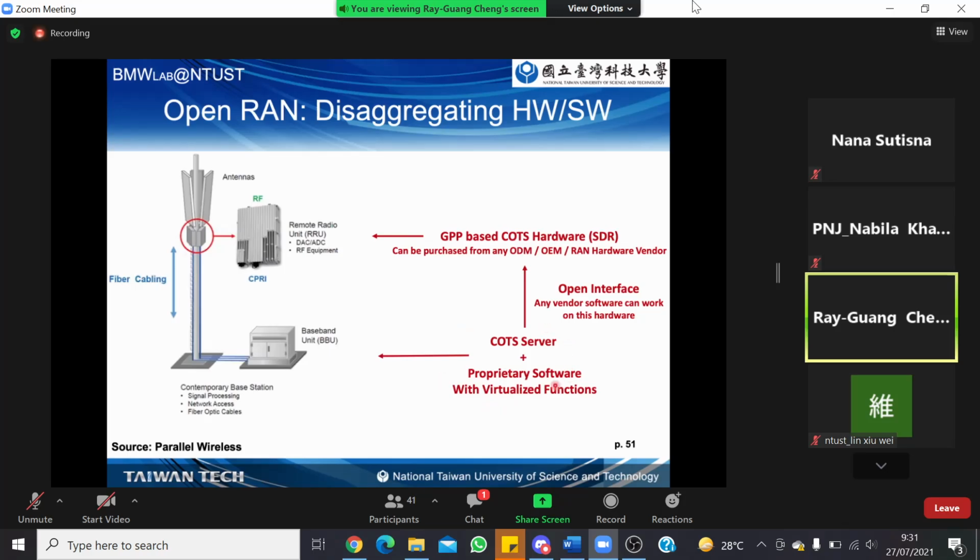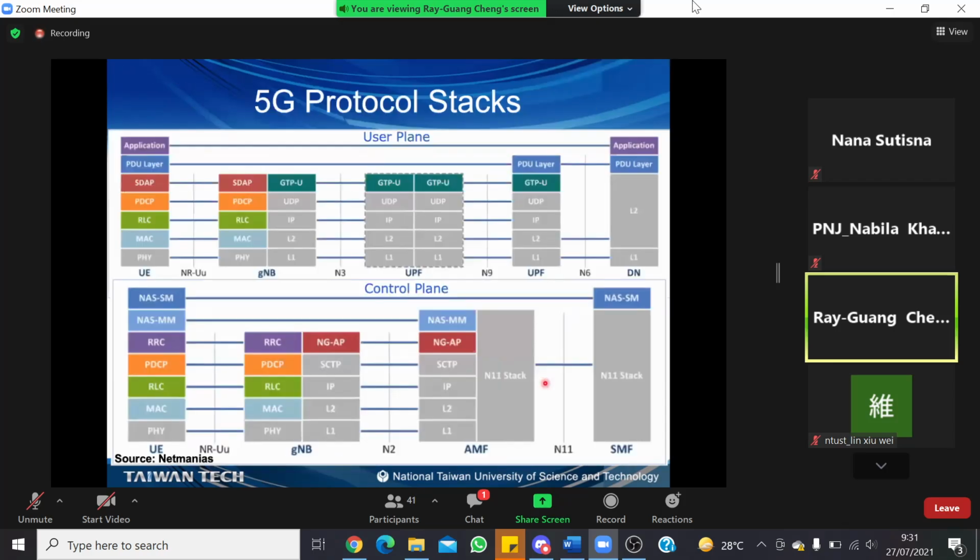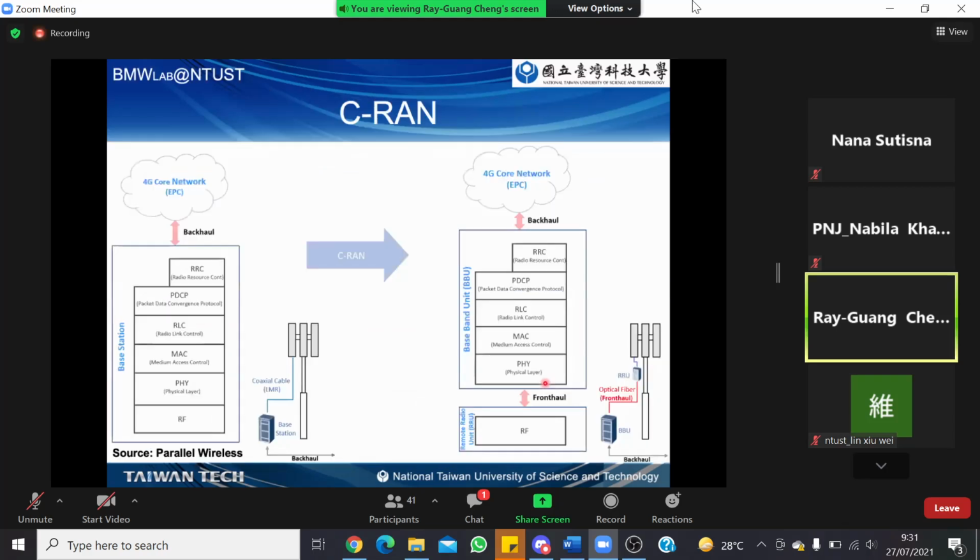For the baseband unit, they also want to have a commercial server, commercial hardware, plus either open source or proprietary software. So this is a stack we just mentioned.